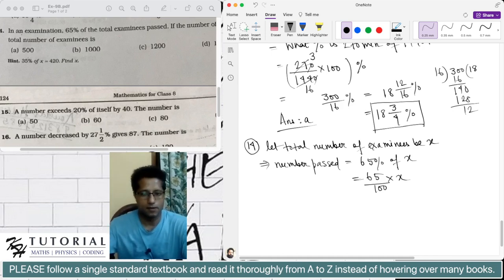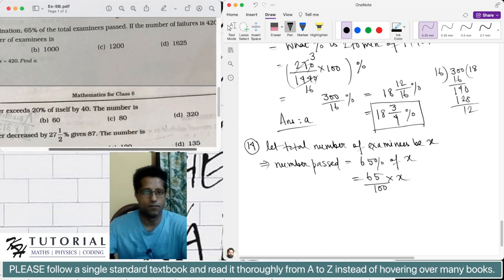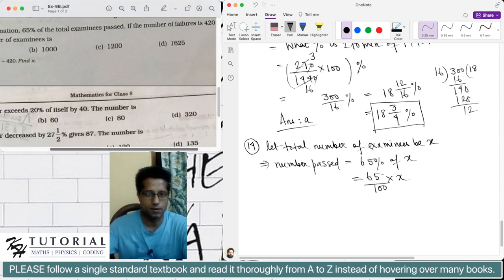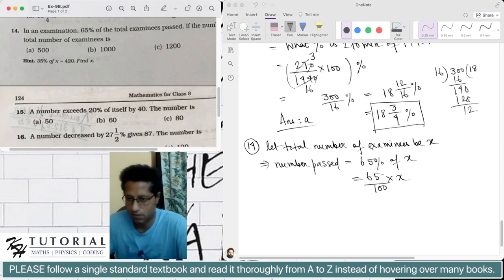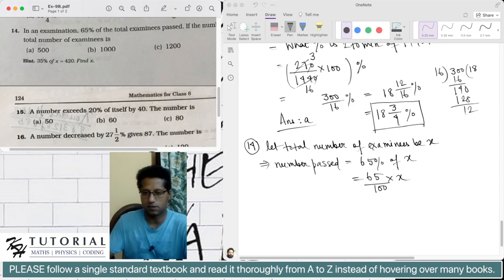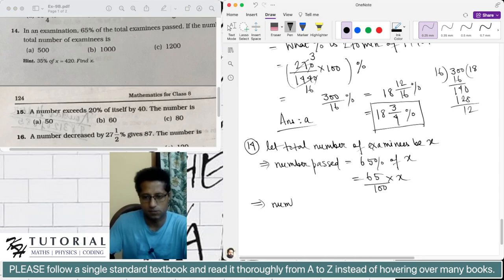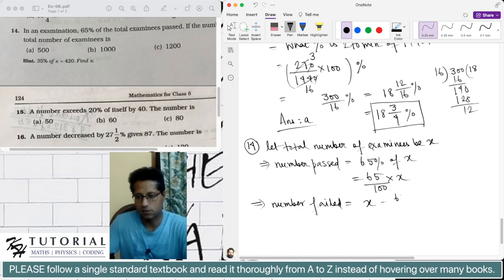Also, it is given that the number of failures is 420, the number passed is 65x by 100, and the total number of examinees was x. So this implies that the total number of examinees was x, and the number of examinees passed is 65x by 100.